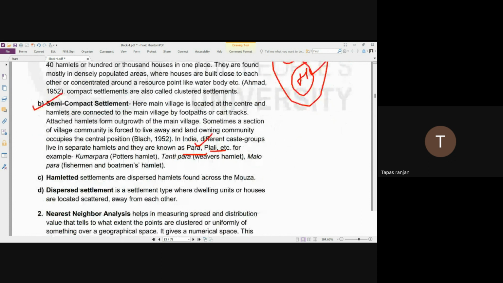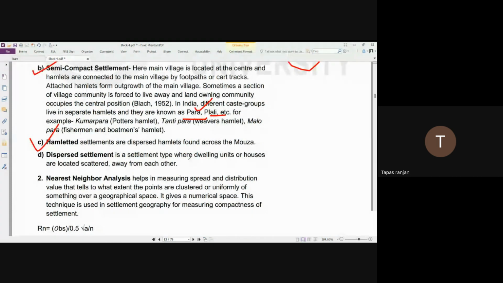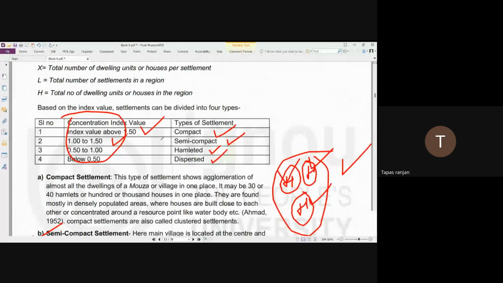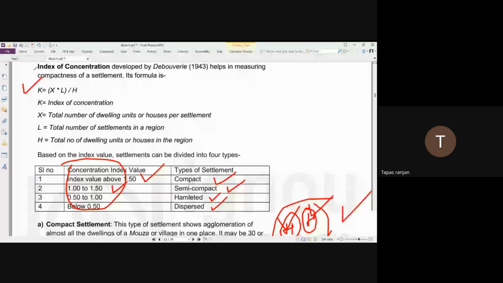Hamlets are quite dispersed settlements, and if isolated hamlets are found, then mostly they will be found near hilly or mountainous regions. Then dispersed settlements: those dwellings or units are located scattered and very much away from each other. So this is basically the method of index of concentration.